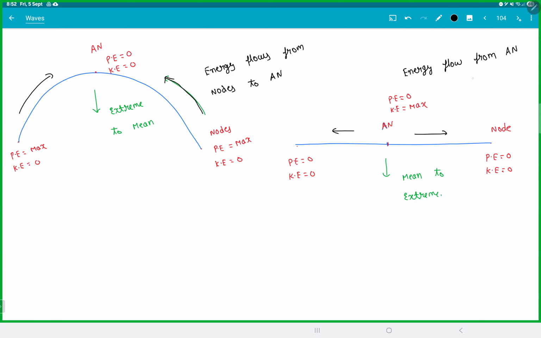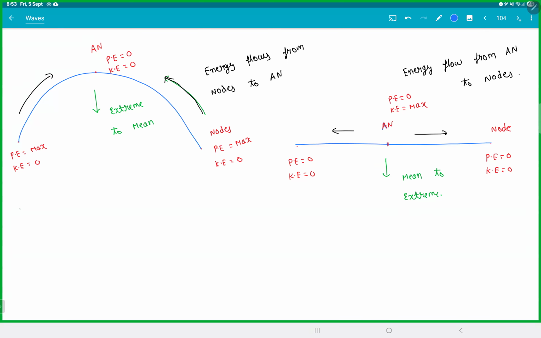This will be a good theoretical question. In a stationary wave, when the string is going from extreme to mean, how is the energy transferring? Is it going from nodes to antinodes or antinodes to nodes? Now, if you have no idea, you will feel like, what the hell? What is energy? It is constant.